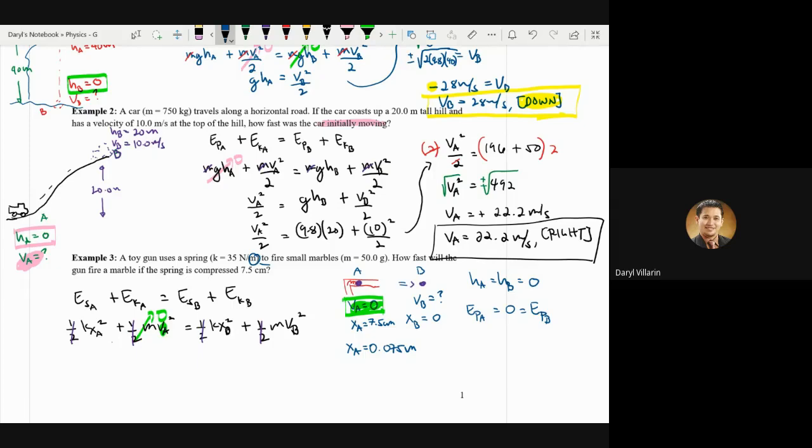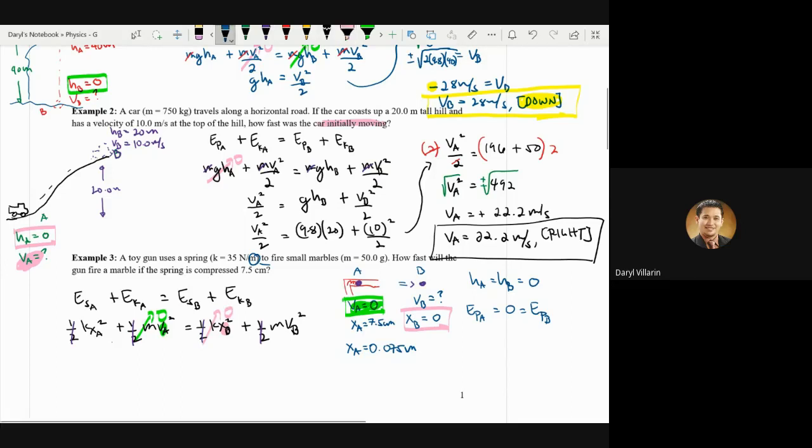In this case, you are compressing it by that, so that should be your x_a. But for x_b, it's already uncoiled, so there's no more displacement. So x_b is equal to 0. That means the first term on the right-hand side is 0 also.